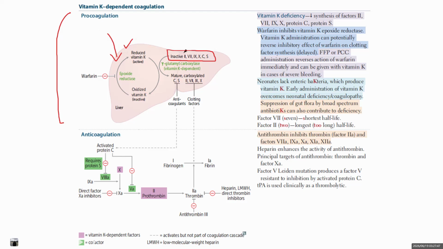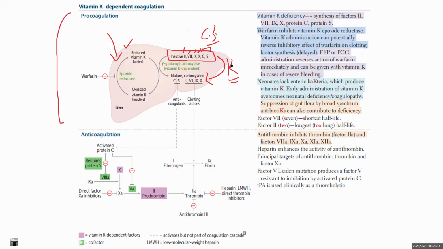These include factors 2, 7, 9, 10, and also some proteins like protein C and protein S. We'll talk about these proteins later on too. To make all these inactive clotting factors into functional factors, we require vitamin K for that, okay?